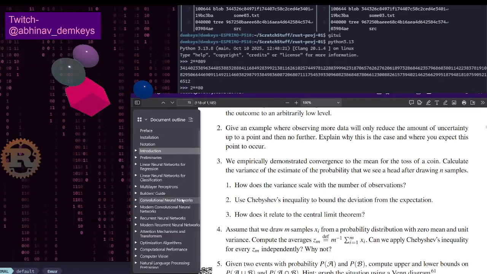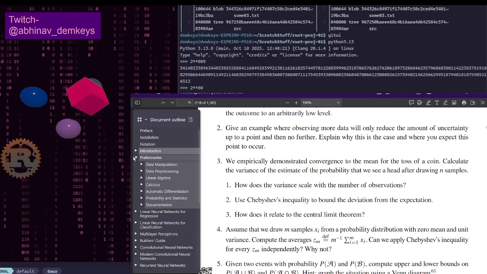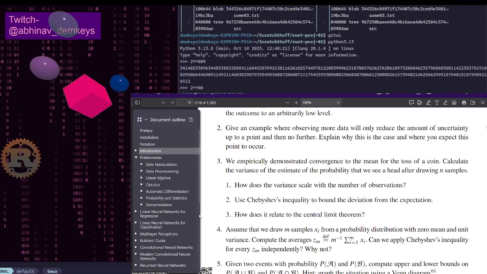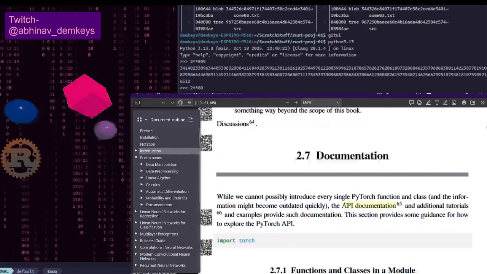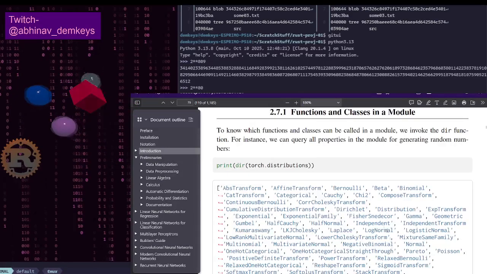I think we can directly jump into, hold on. So under preliminaries, after probability and statistics, there's something called documentation. While we cannot possibly introduce every single PyTorch function, oh, they're telling us to look at distributions.